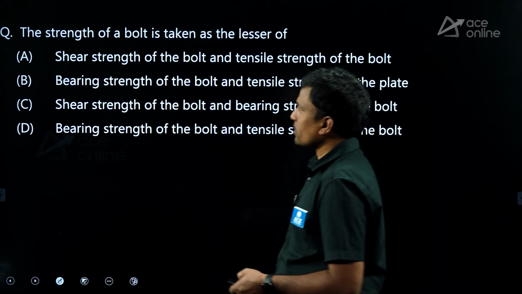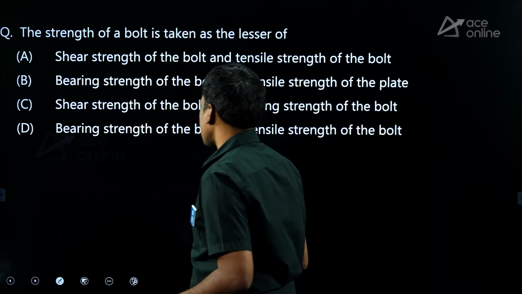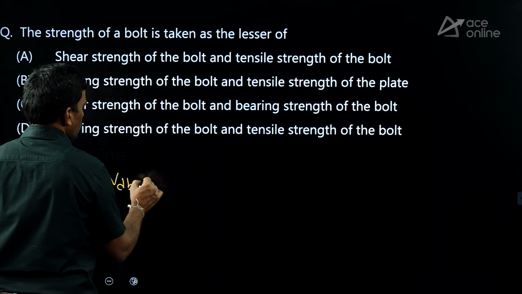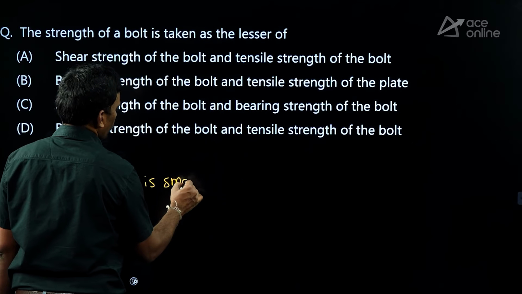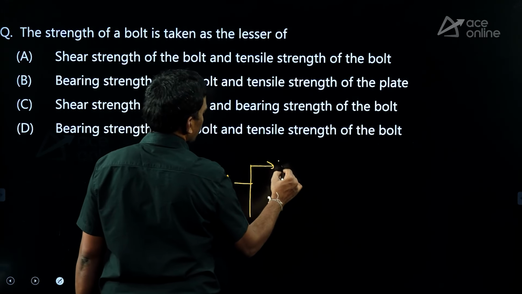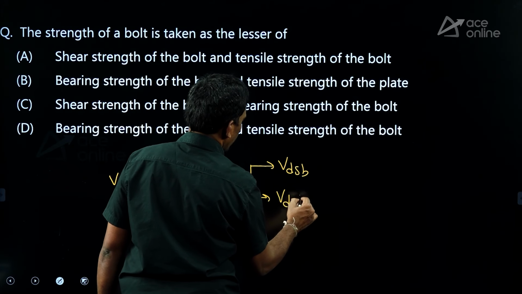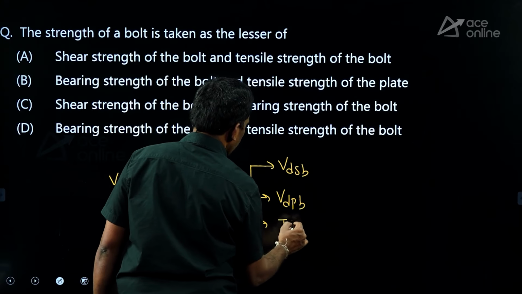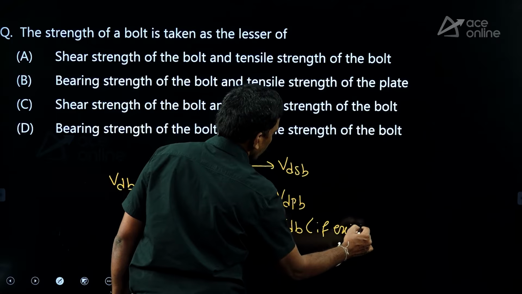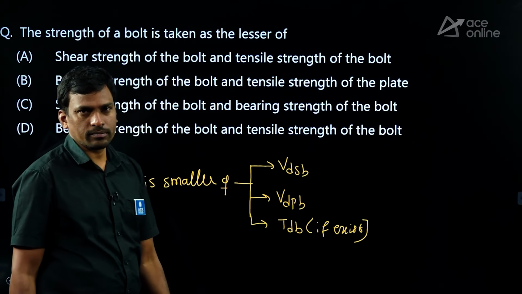Next question. The strength of bolt is taken as VDB only, right? So VDB is the smaller of VDSB, VDPB, and TDB, if it exists, when subjected to tension.